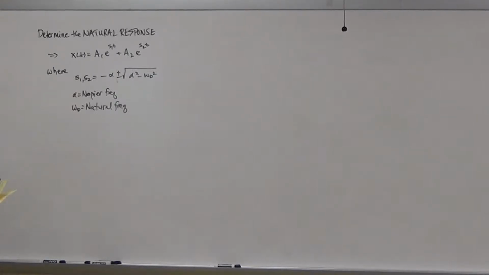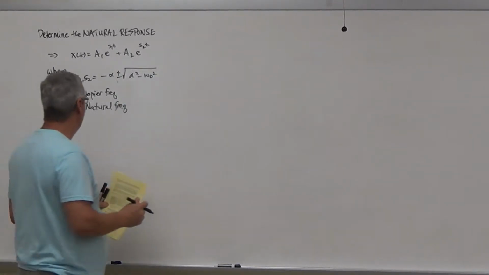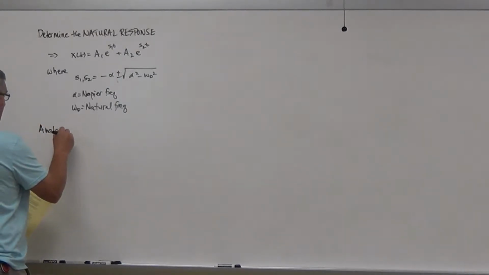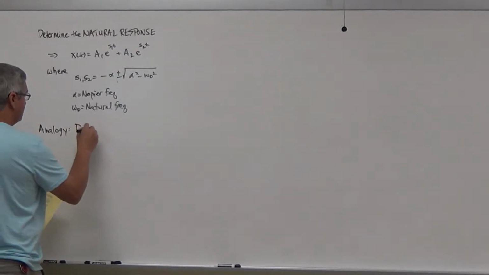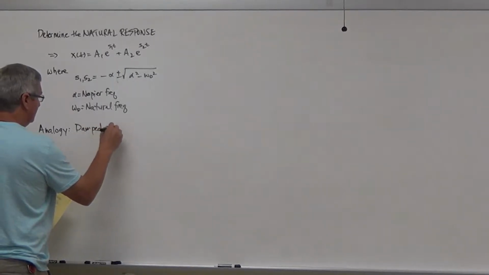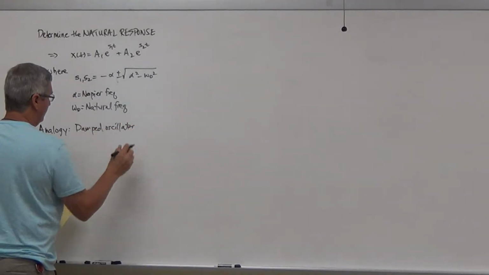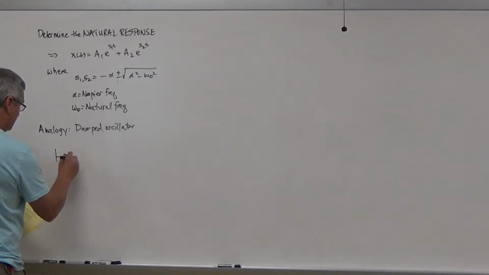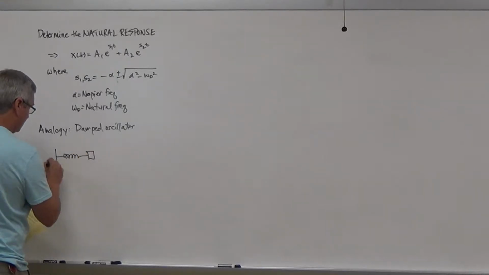So what I want to do here is give you a very brief analogy. This is what they call a damped oscillator. When I have a damped oscillator, I have a system where I have a mass on here.